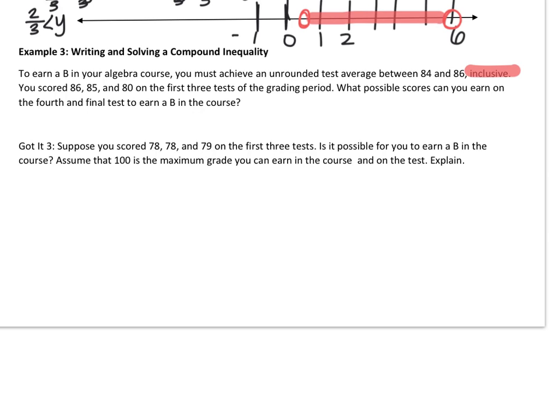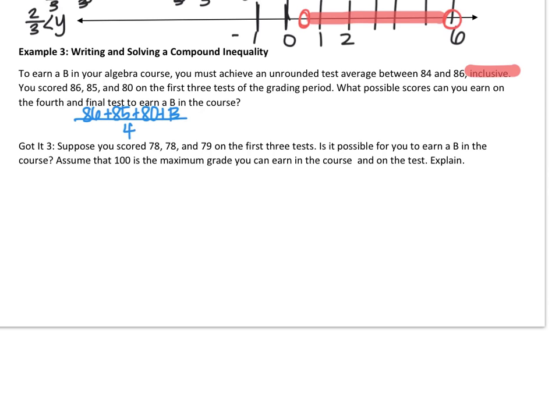Take all of your grades that you have so far, 86 plus 85 plus 80 plus B, and divide it by 4. I know so far you have only 3 tests, but you're going to have a 4th test, so you have to add a 4th test that you don't know, make it a variable, and divide by 4.